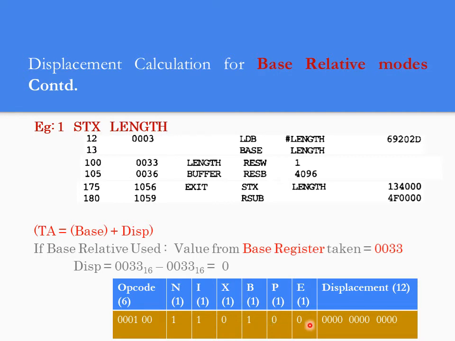Then for P and D you have 0, 0. And as the displacement is 0, in the displacement field you have stored the value 0. So this is the object code in binary, which will be stored as a hexadecimal value. If you decode this into hexadecimal, you will get the answer as 134 followed by 3 zeros. So this is how the instruction is getting decoded to its equivalent machine language using base relative mode.